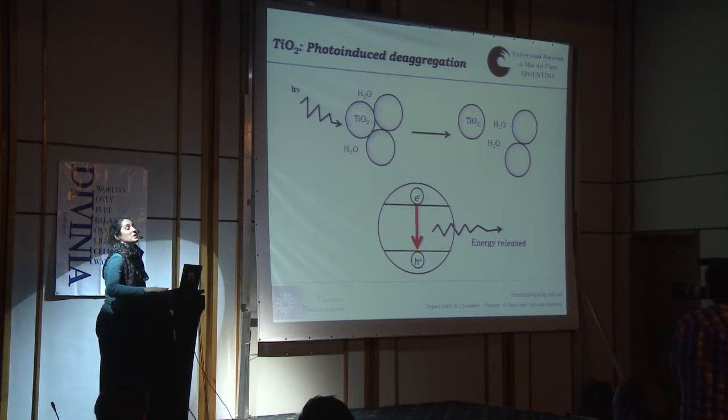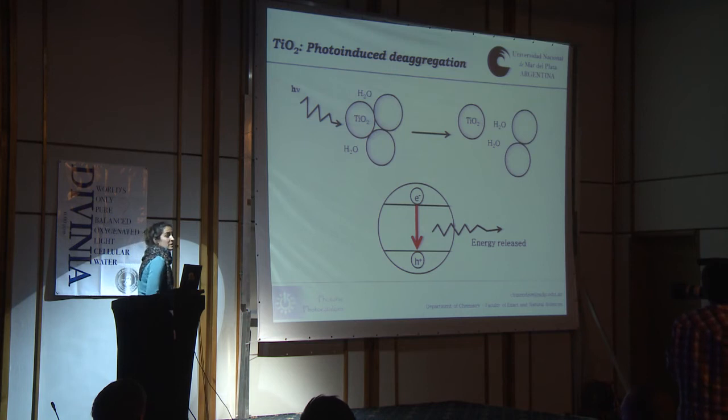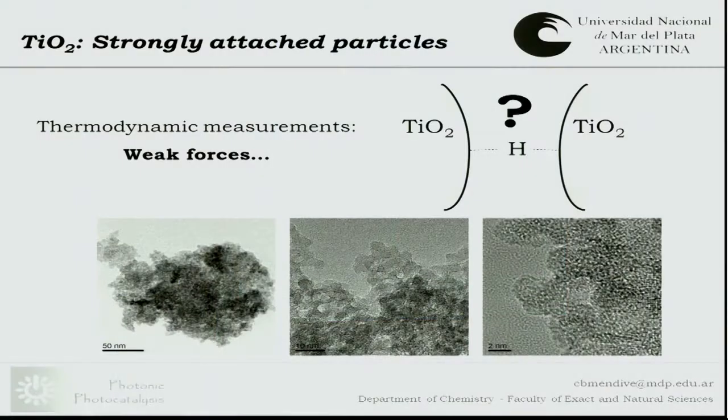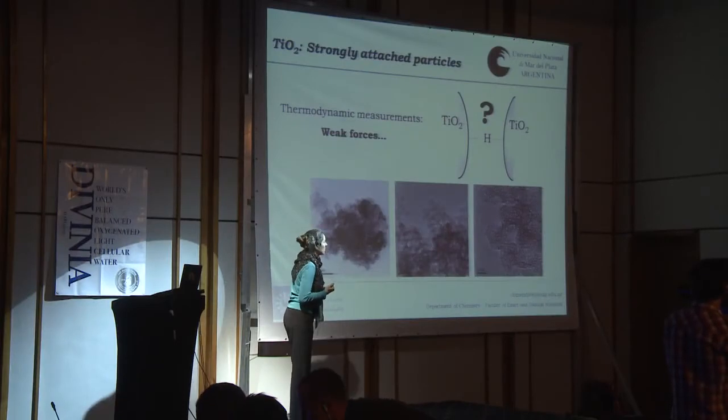And we thought, okay, there must be a lot of energy released that the system can use to put the particles apart. But we found that some people made very careful thermodynamic measurements, and they found very low values of energy, maybe on the order of 1 hydrogen bond per mole of titanium dioxide.